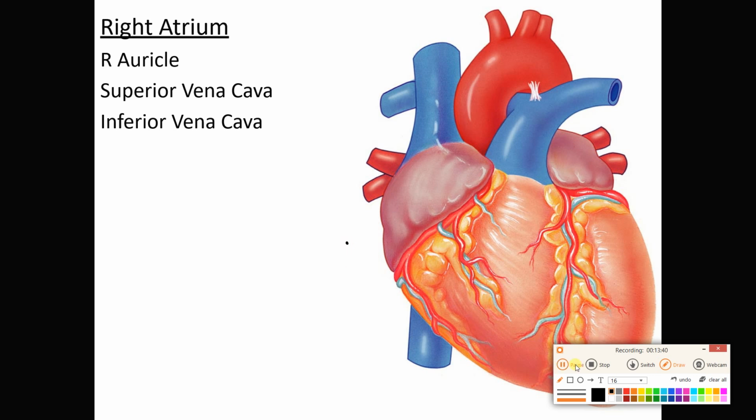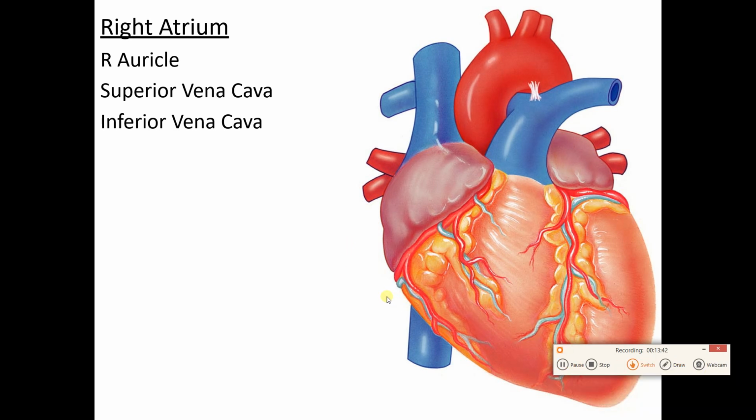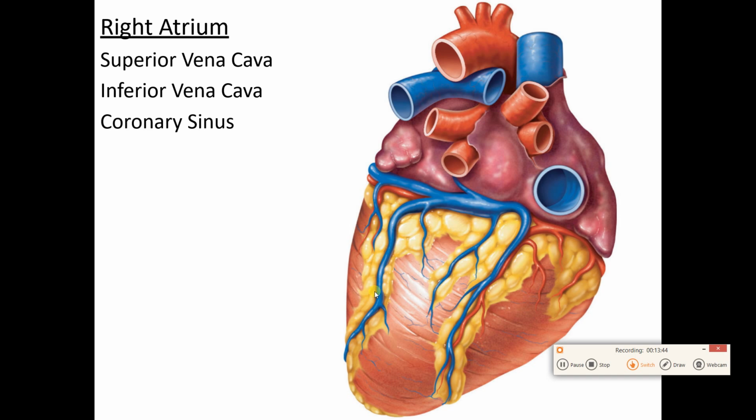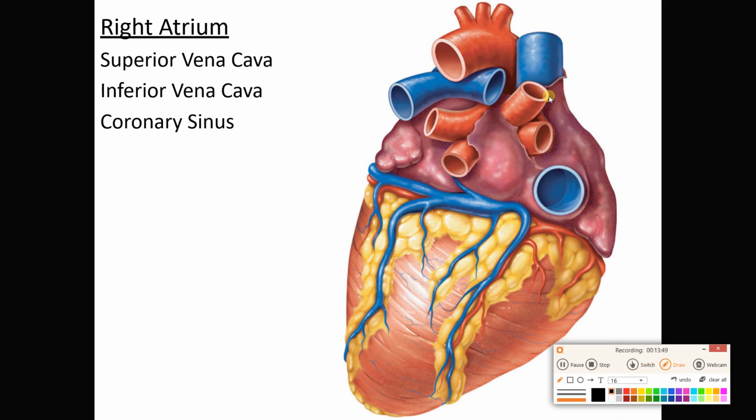Let's get rid of that. Let's spin this thing around. So I'm looking at the back now. All right, in the back, here's my right atrium. I do not have my auricle back here, but there is my right atrium in the back. I do see my superior vena cava right here.